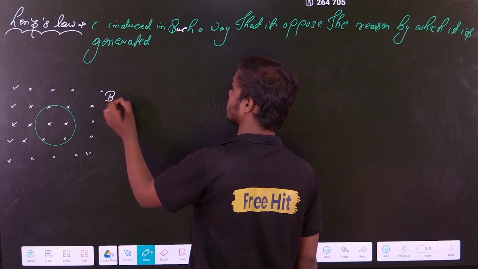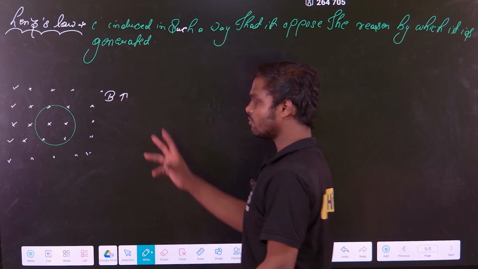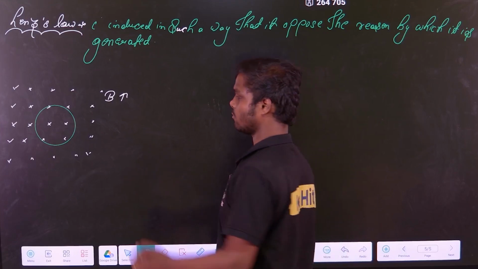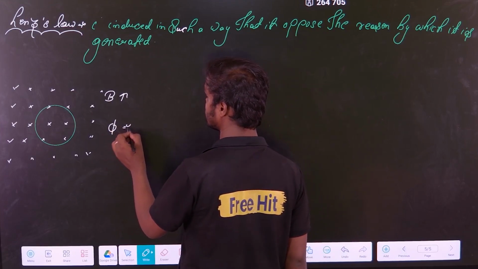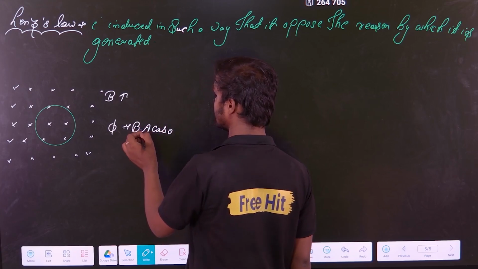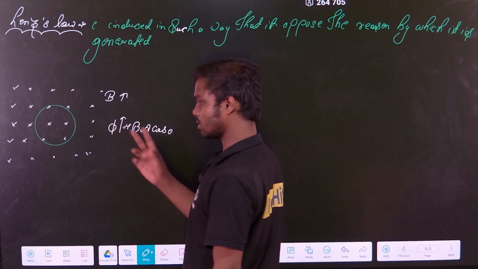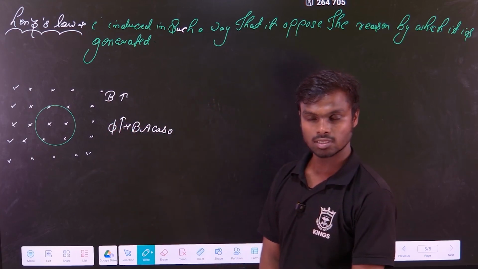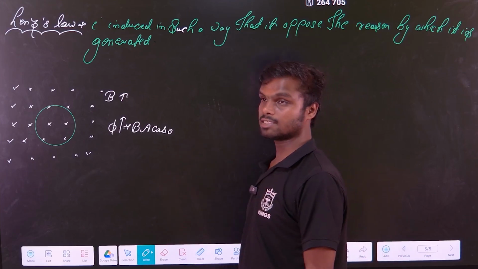B is increasing. If B increases, what will happen to the flux? Flux is BA cos theta, correct? B is increasing, so flux will increase. So flux is changing with time, correct or not? Yes, it is changing. Flux is increasing.